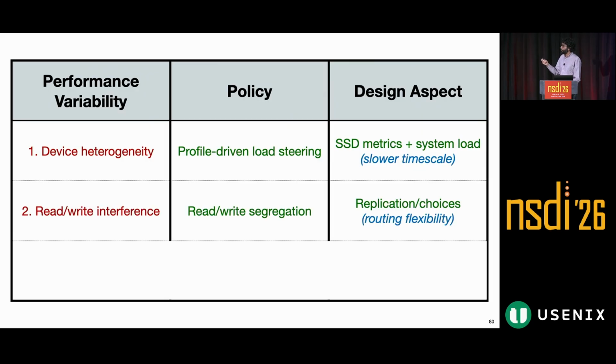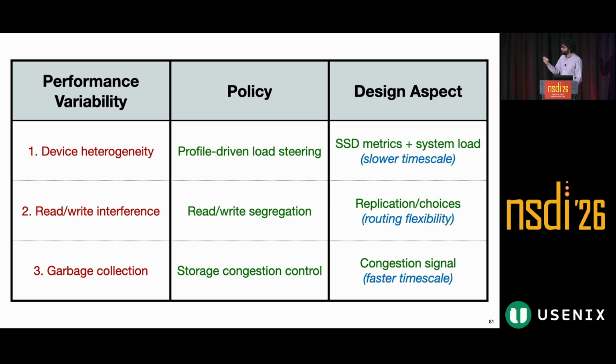Next, we had read-write interference. And we have a policy that physically separates read and write operations onto a different set of SSDs because we have routing flexibility and we have replicas and choices to route our requests to. And finally, for garbage collection, we have storage congestion control, very much inspired by TCP-style congestion control, which reacts to congestion signals on a faster timescale.